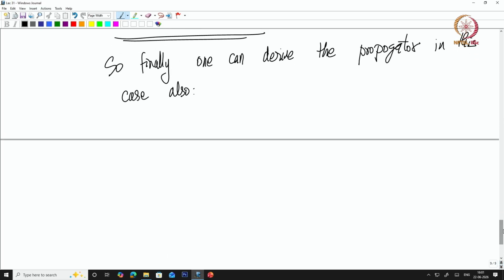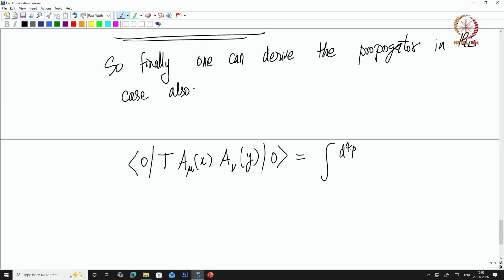So please derive the propagator, and it is shown in the same manner as we have done for the scalar fields: the time-ordered product of A_mu(x) A_nu(y) is equal to the integral d^4p over (2 pi)^4 of minus i eta_mu nu over p squared plus i epsilon, times e to the power minus i p (x minus y).